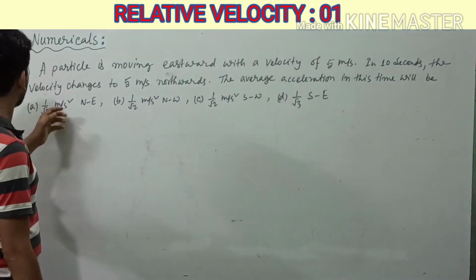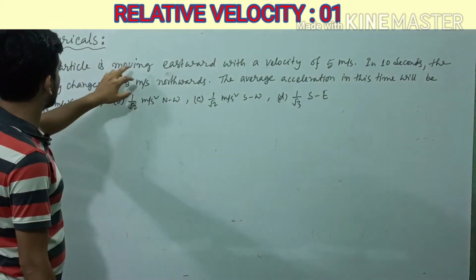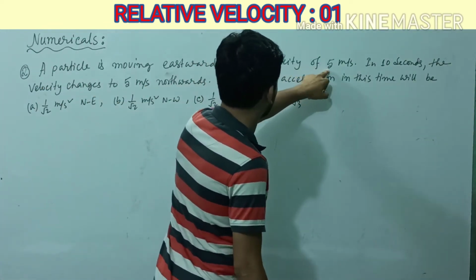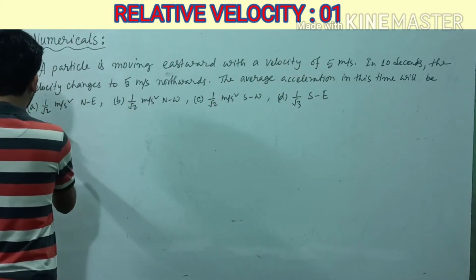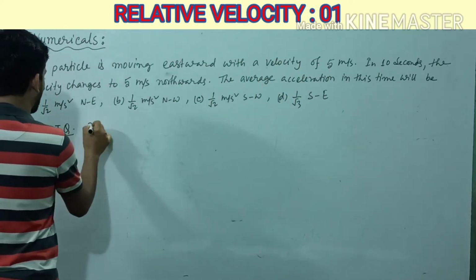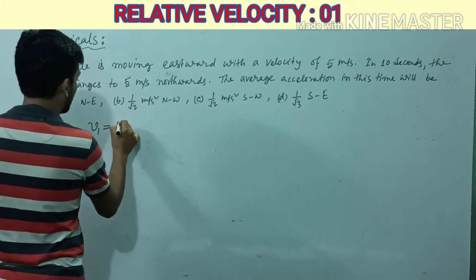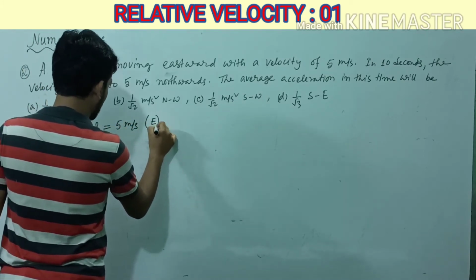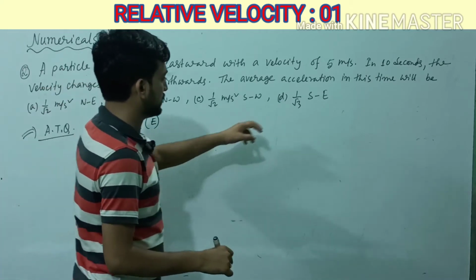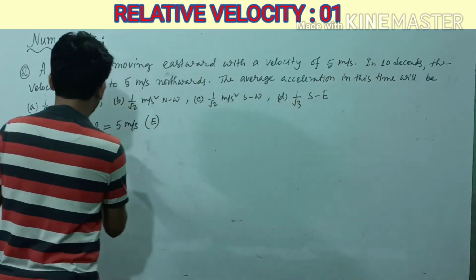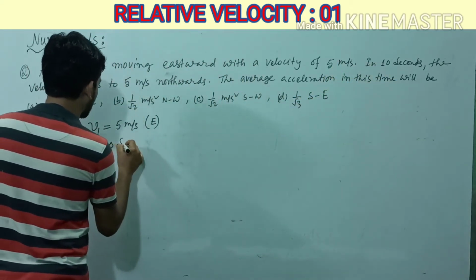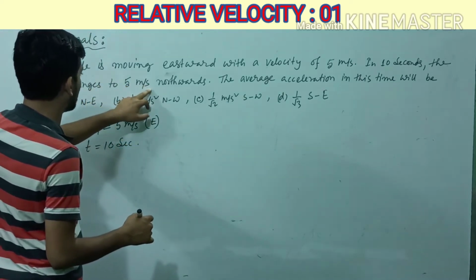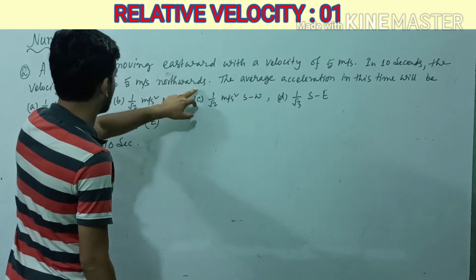In the second numerical, it is given that a particle is moving eastwards with a velocity of 5 meter per second. Velocity of the first particle is 5 meter per second towards east. At t equal to 10 seconds, the velocity changes to 5 meter per second northwards.